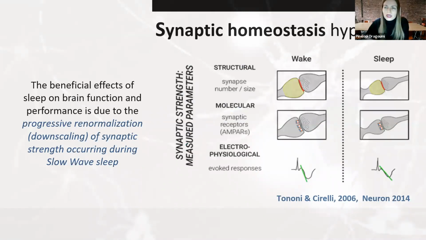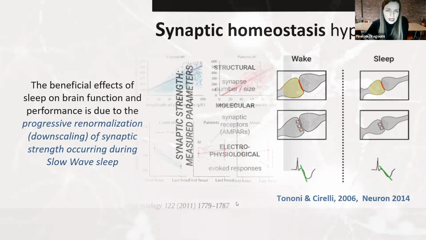So when we are awake, we build up the number and the size of the synapses, but during sleep these become much smaller, and this is important. This is actually mandatory for them to work properly the next day.